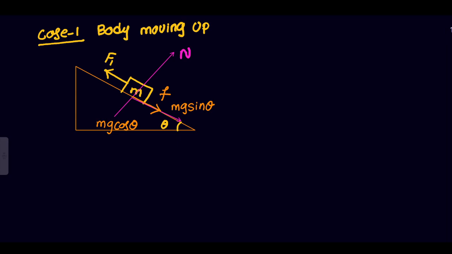Right. So now for the body to move in the upward direction, it has to overcome the force caused by mg sin theta and the force caused by the friction. Then only the body will be able to move upward. So for a body to move up, what is the condition?